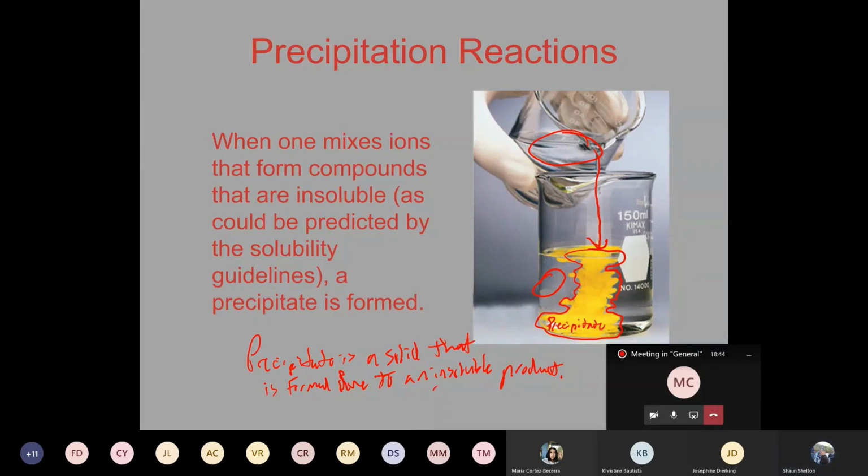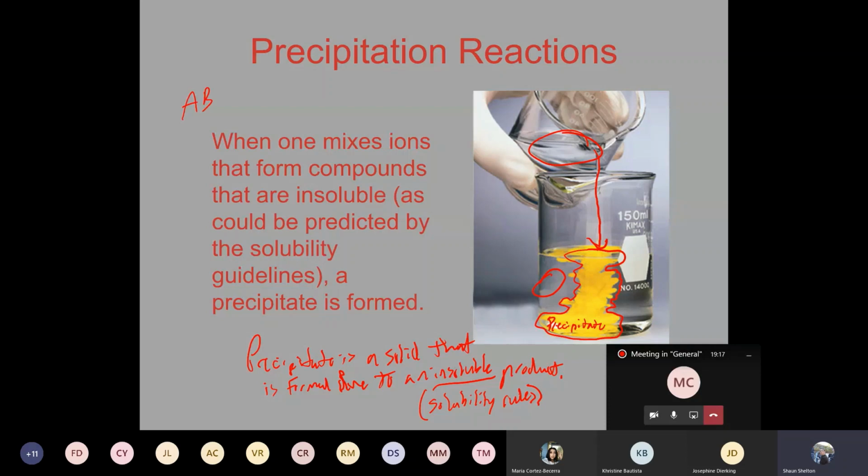So we're going to underline the word insoluble because that ties right back into the solubility rules that we just looked at. All right. So again, when you look at a reaction and it forms this solid, it is known as a precipitate, and that all drives right back to what we were looking at earlier with the solubility rules.